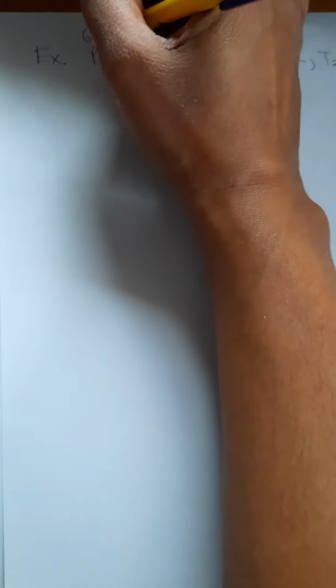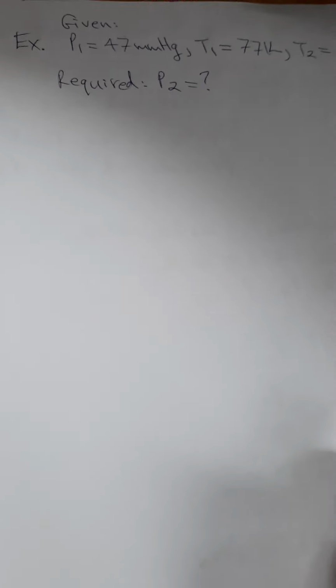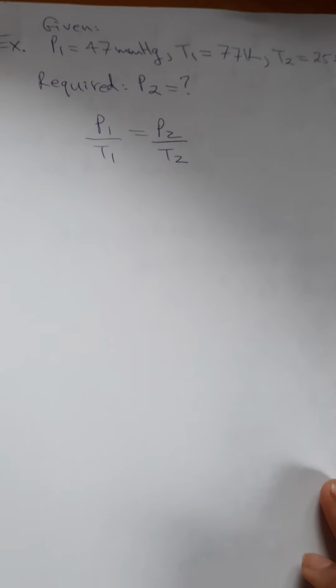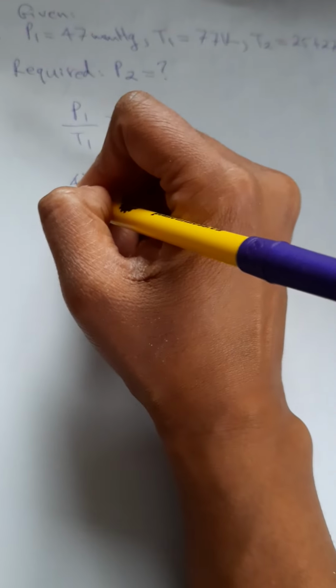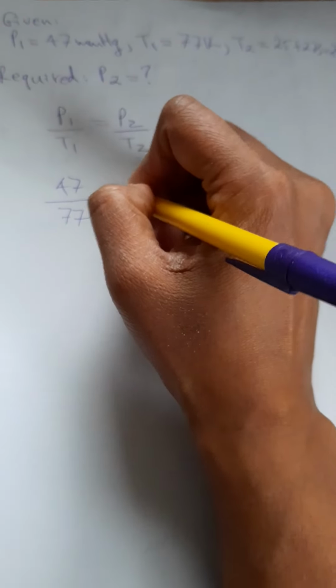Let's write given here. This is what's given, and again, what is required is the pressure change, so P2. Let's write the equation: P1 over T1 equals P2 over T2. Then we plug in our values: 47 is P1 over 77, which is T1.